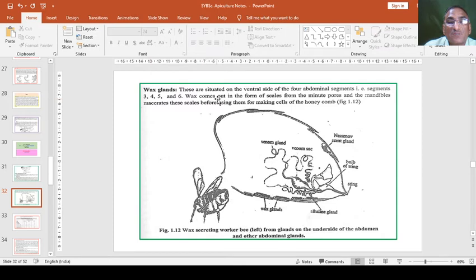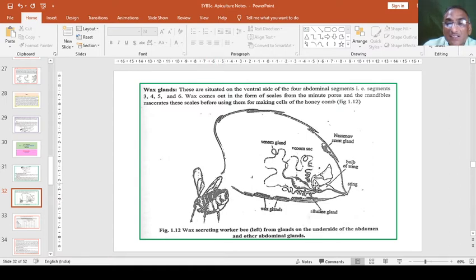Wax comes out in the form of scales from minute pores, and the mandibles macerate these scales before using them for making cells of the honeycomb. In this way, wax plates are formed on the abdominal lower side.